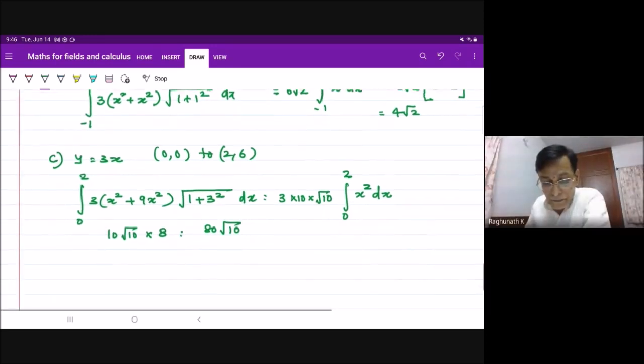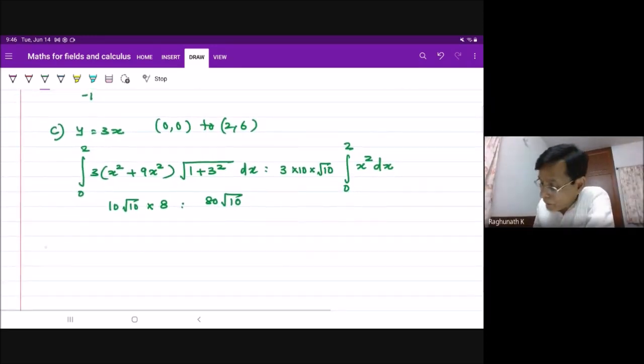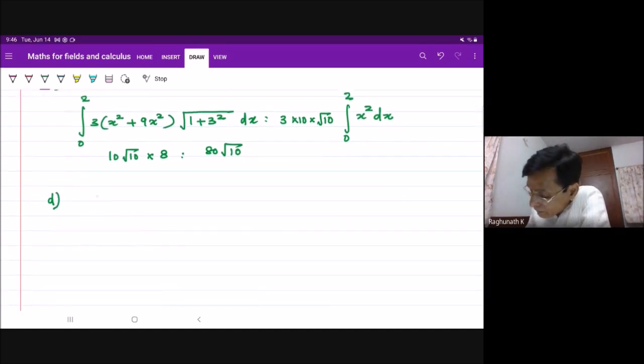D. It is given like this. On the y-axis from 0, 0 to 0, 1, then parallel to the x-axis to 1, 1. Please see this.